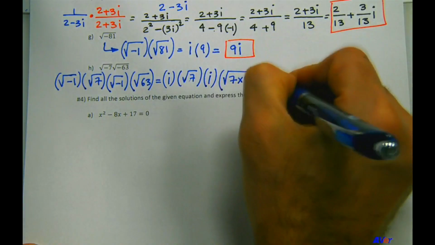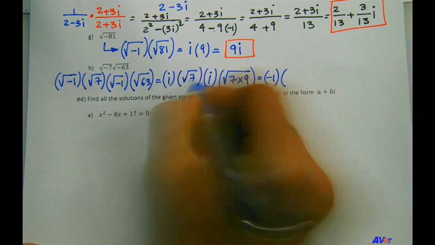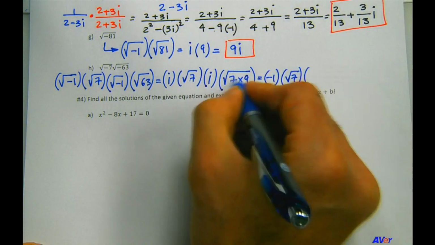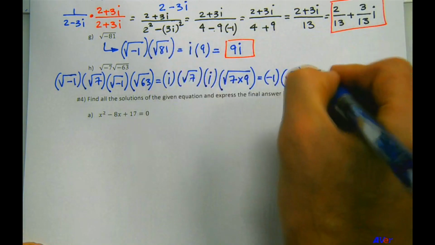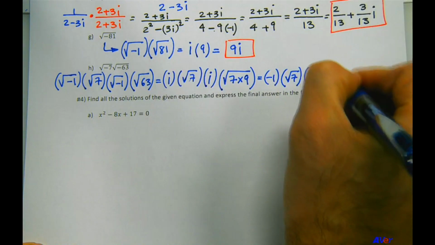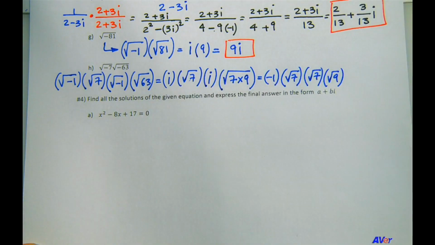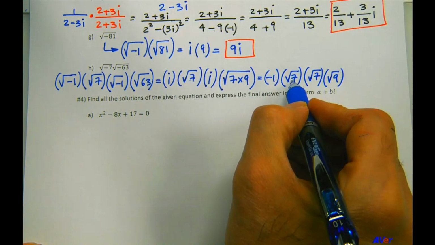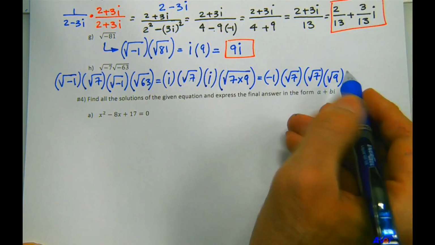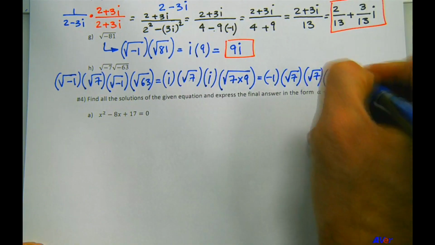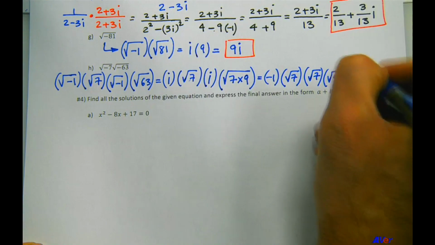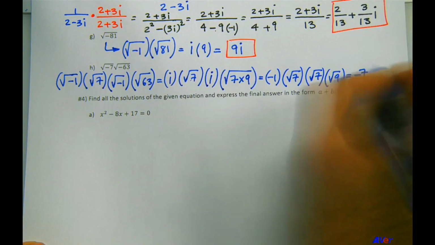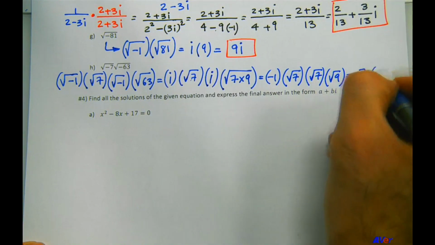So negative 1 times square root of 7 times, let's separate these two, square root of 7 times square root of 9. Okay? Now, square root of 7 times the square root of 7 is equal to 7. So we have minus 7 times square root of 9 is 3.